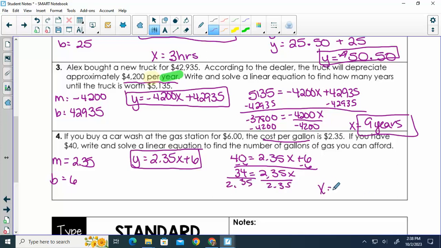So x turns out to be, let's go 2 decimals, 14.47. And what does x represent? Gallons. So you could buy 14.47 gallons. What did you round to? 14.5 gallons.